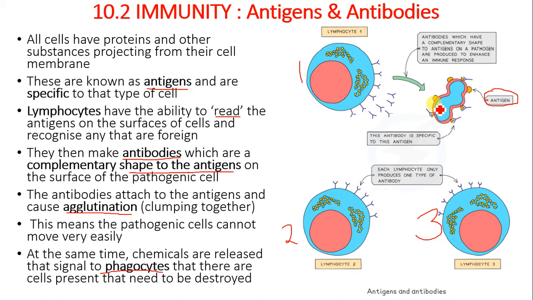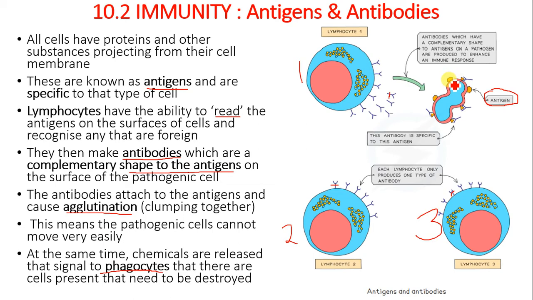Now, once lymphocytes recognize it, they will produce antibodies. These are antibodies, which are the Y-shaped substances here. Antibodies are supposed to have a complementary shape to this antigen. If you look at lymphocytes 1, 2, and 3, you find it is lymphocyte number 2 that has a complementary shape to the antigen here.